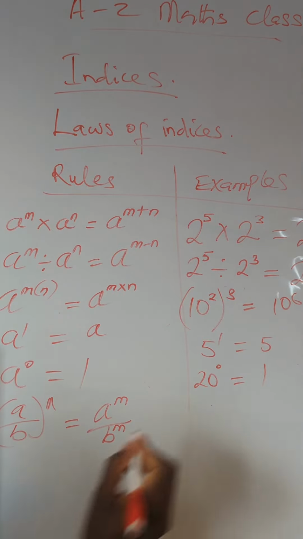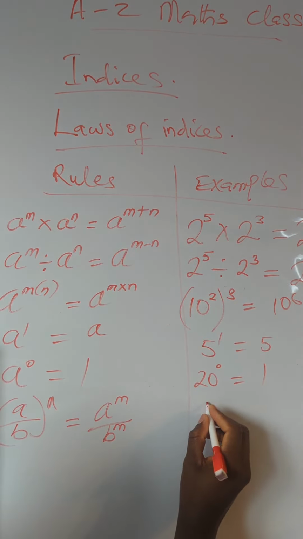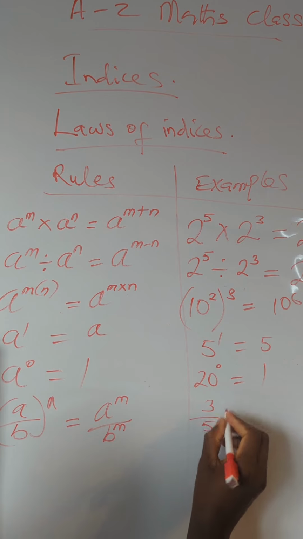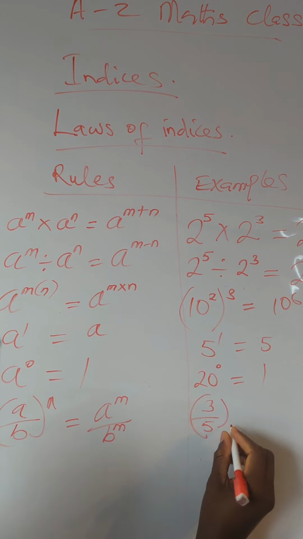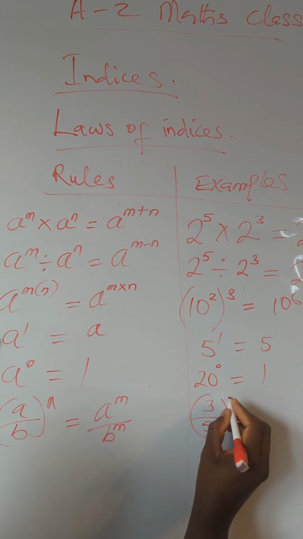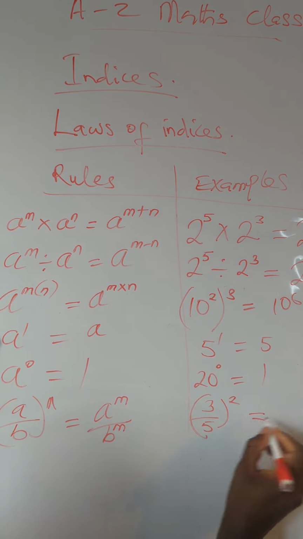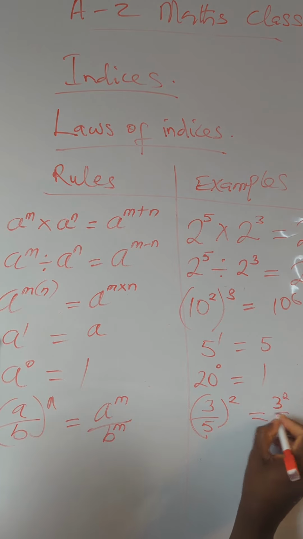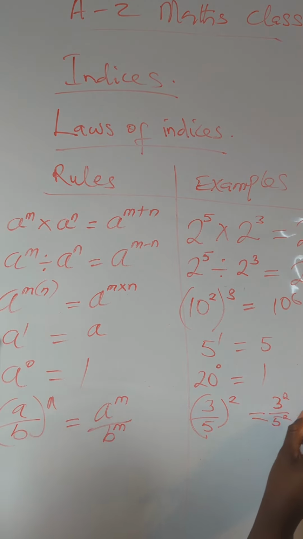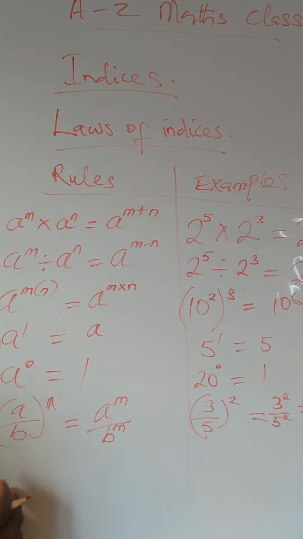For instance, you could have 3 over 5 raised to power 2. It's the same thing as saying 3 raised to power 2 over 5 raised to power 2, which is 9 over 25.